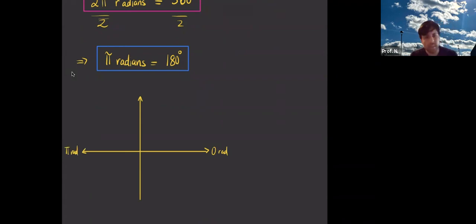Isn't it 90? So half of pi is really just half of pi. So this will be considered as pi over 2 radians. You start to see that? And then slowly but surely, this is pi over 2, this is pi over 2, this is pi over 2. Then how many pi over 2s do I have if I go from here all the way to here? It will be a total of 3 pi over 2.